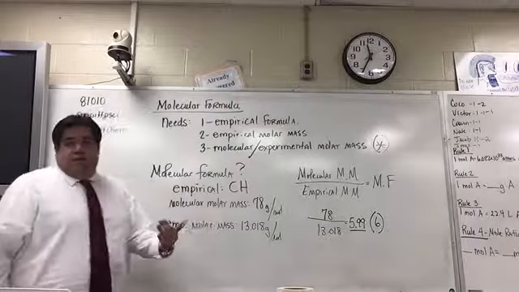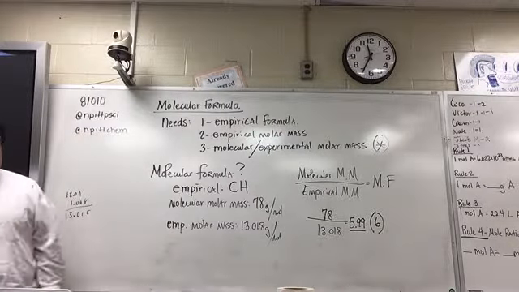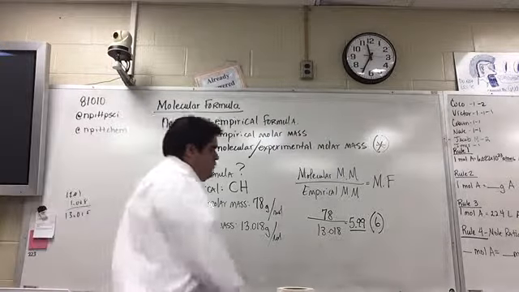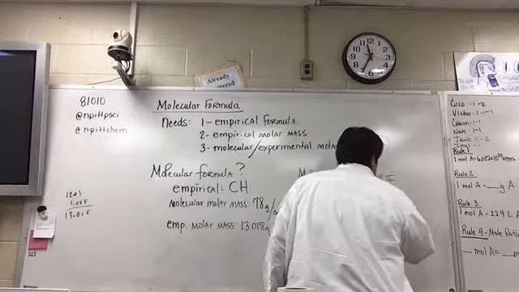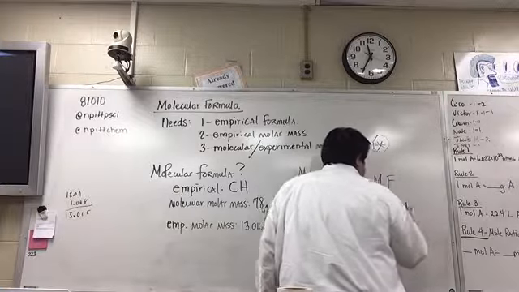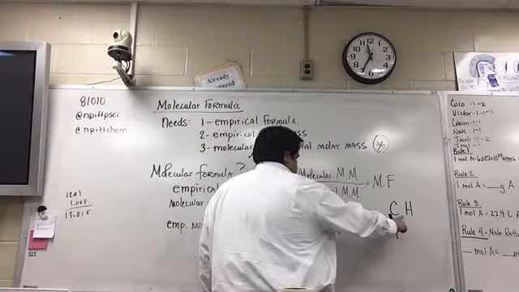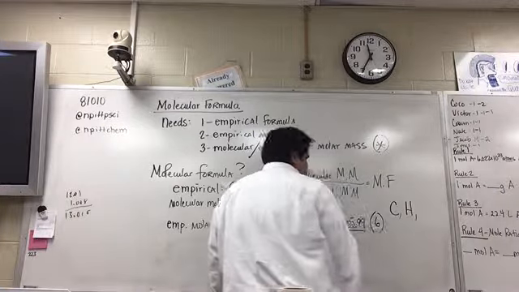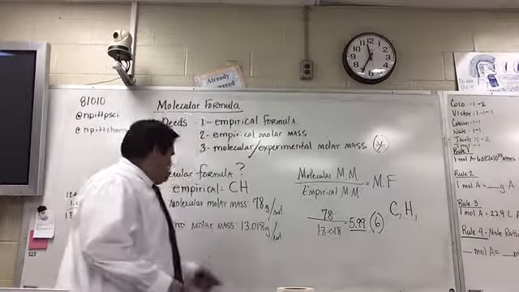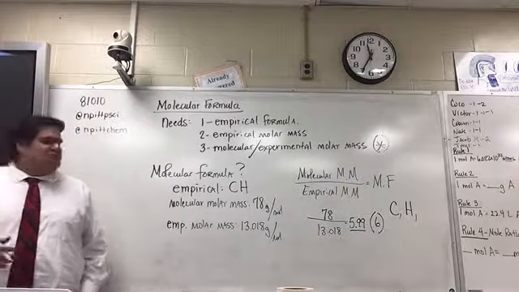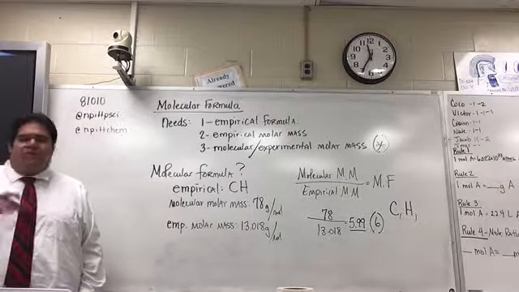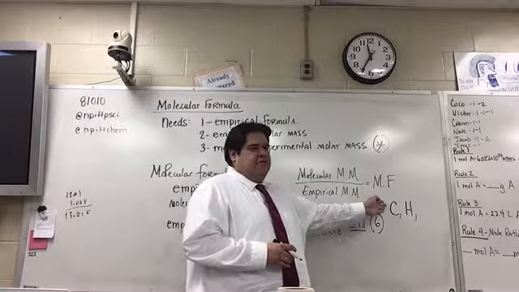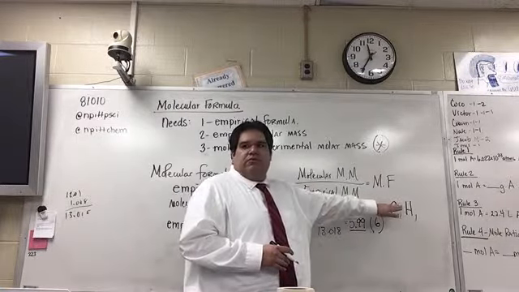Now that's not a formula. So, still not done. All right? That's my multiplying factor. But when I say multiplying factor, I go here to my empirical formula, right? My empirical formula was C and H, right? What's my subscript right now? 1. What's my subscript here? 1. Because there's no number. All right? All I did was write my empirical formula down, guys. That's what we had to start with, correct? It's right behind me.